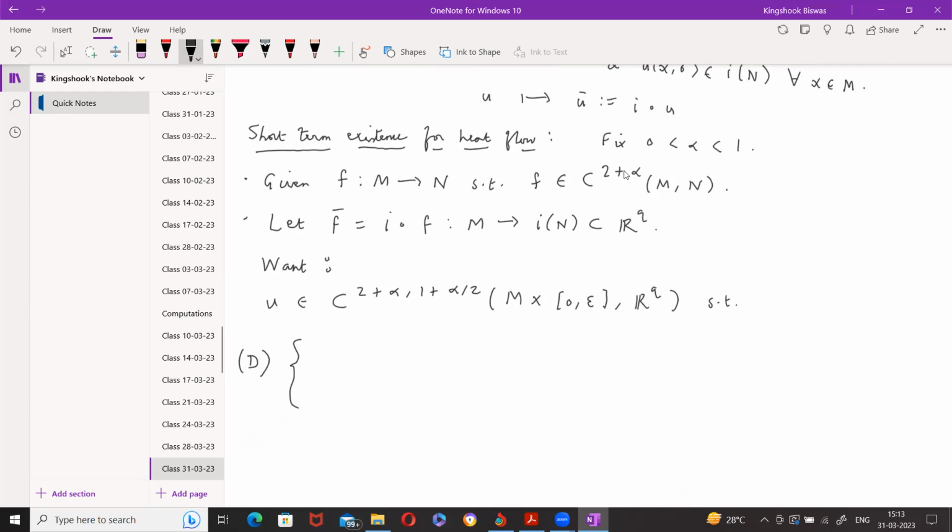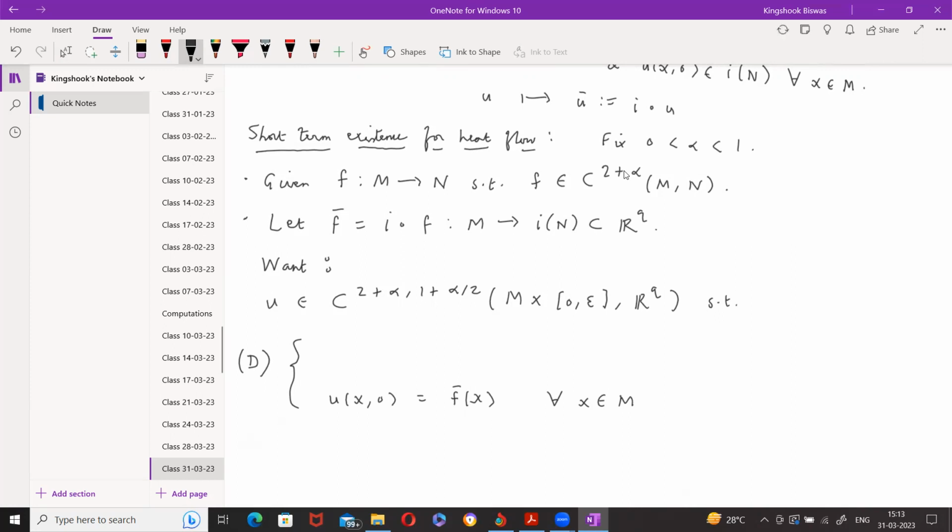So the initial value is U of X comma 0 is F bar of X, right? For all X in M.